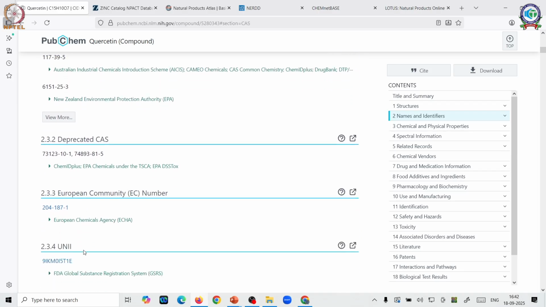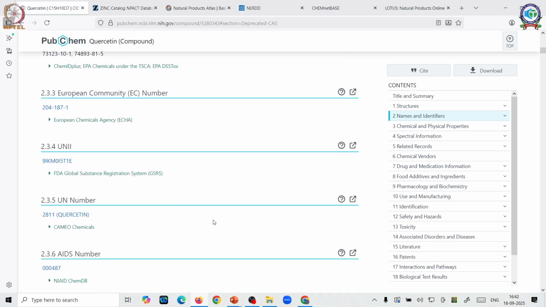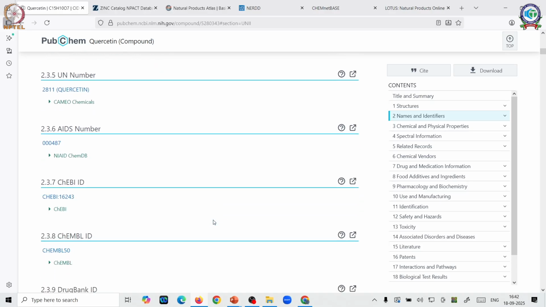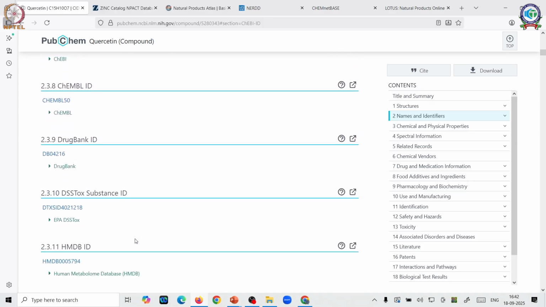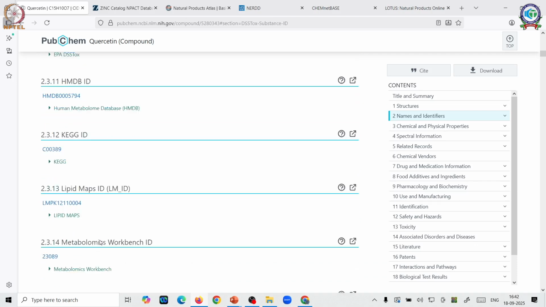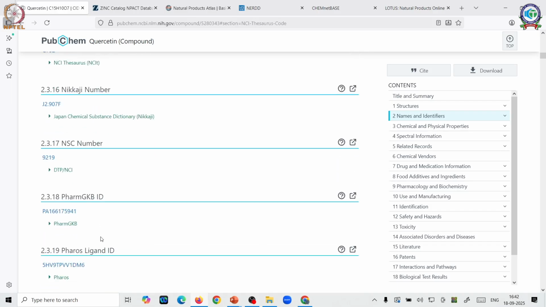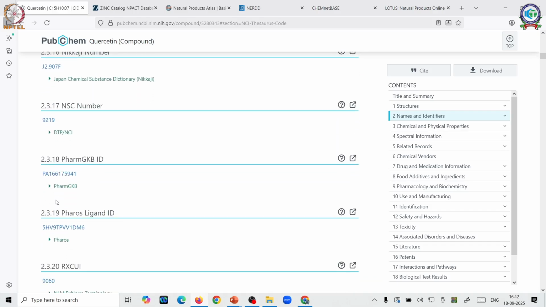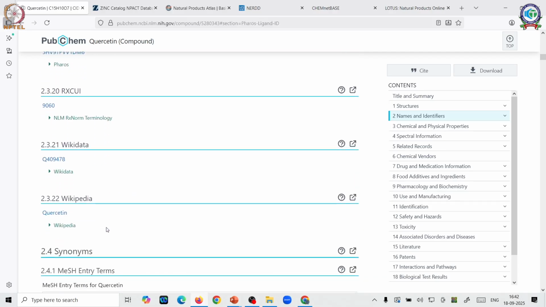Then you have your EC number if it has any; sometimes some compounds do have one. So all the numbers it is identified with will be seen here. You can see different IDs: DrugBank ID, toxic substance ID, HMDB ID, KEGG ID. So whatever IDs this molecule has in those databases, you can see those numbers here.